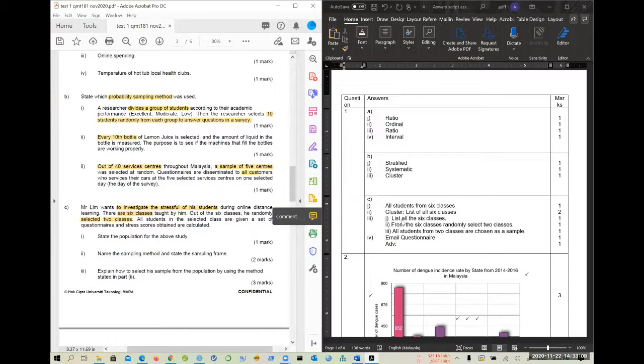So the sampling method is cluster sampling and the sampling frame is list of all 6 classes. Cluster dia adalah classes, bukannya list of all students.